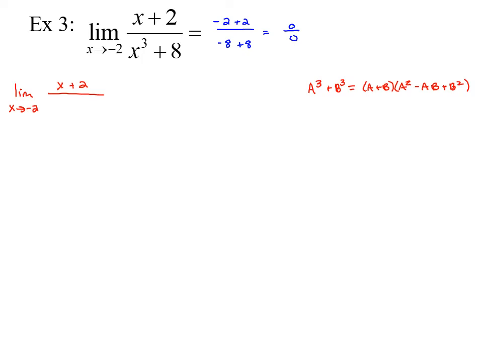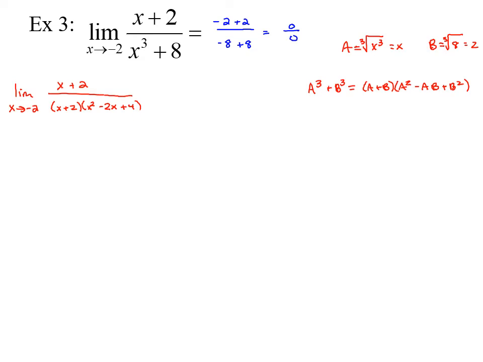In this case, to find a and b, a is going to be the cube root of the first number, so the cube root of x cubed is x, and b is going to equal the cube root of the constant, which is 8, which we should know is 2. You need to plug that a and b value into this factored form. So doing that should give you x plus 2 times x squared minus 2x plus 4.